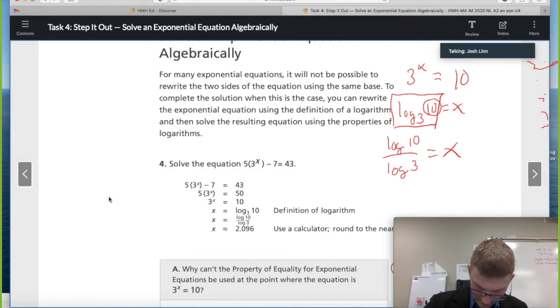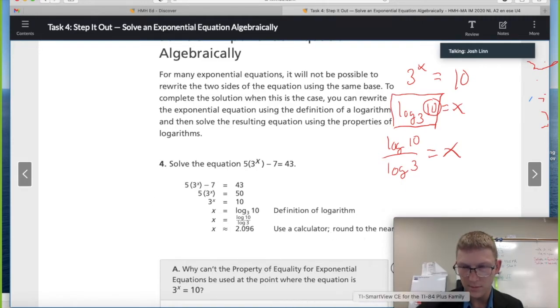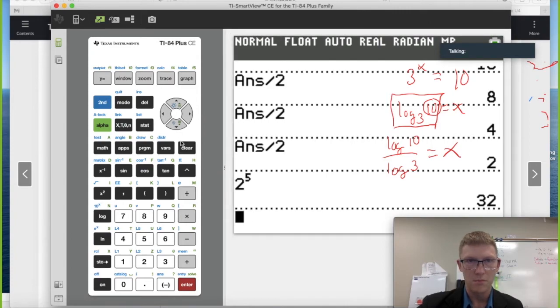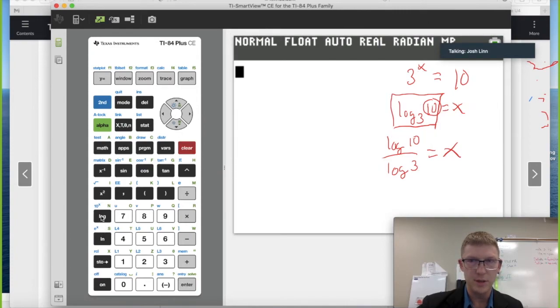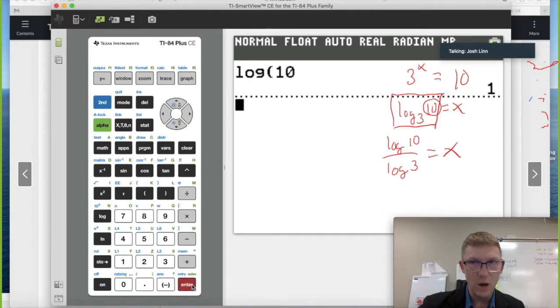So this is something that can be plugged into your average scientific calculator. If we pull that up, it's just going to be log of 10, which equals 1, divided by log of 3.